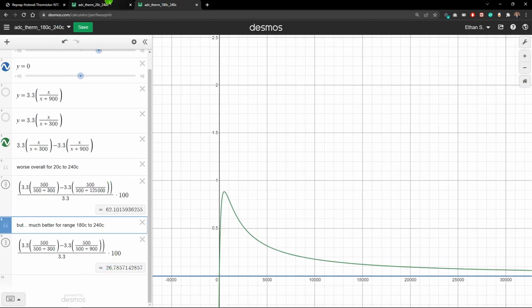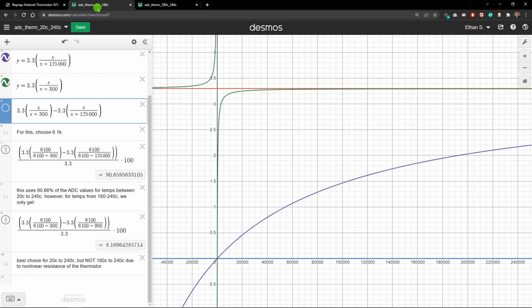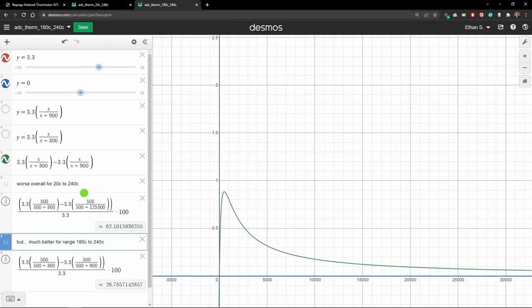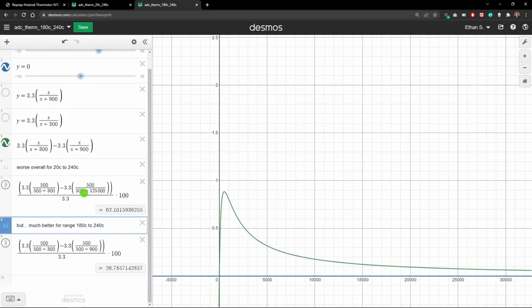So 20C to 180C really only matters when it's heating up, but when you're using it, which is the most important part to keep track of, it's more important to have a wider range there, because then it can increment and decrement by a smaller value.